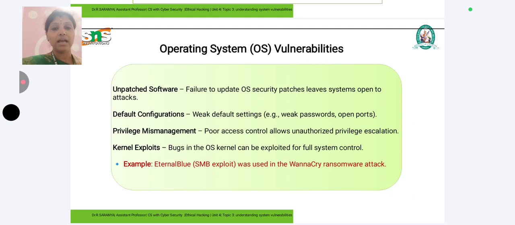Privilege mismanagement, poor access control, allows unauthorized privilege. Kernel exploits are bugs in the operating system kernel exploited to gain full system control. For example, EternalBlue was used in the WannaCry ransomware attack.